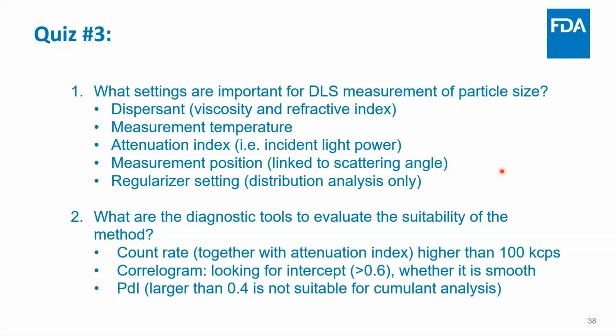Yeah, making sure that the correlogram, I didn't mention this, but back on the multi-scattering slide, the intercept of the correlogram should usually be between 0.8 and 1. Above 0.6 is good.